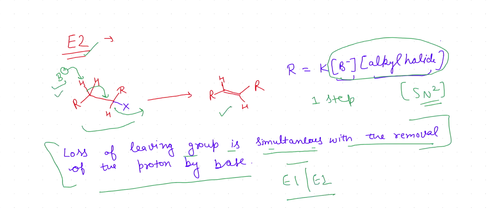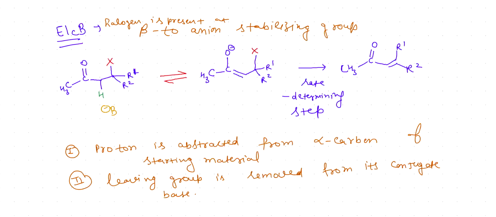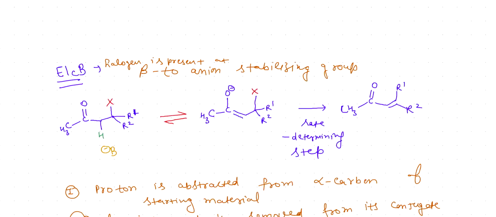The third one is E1cB. It also seems like the E1 mechanism. It also follows a mechanism which contains two steps, like E1.